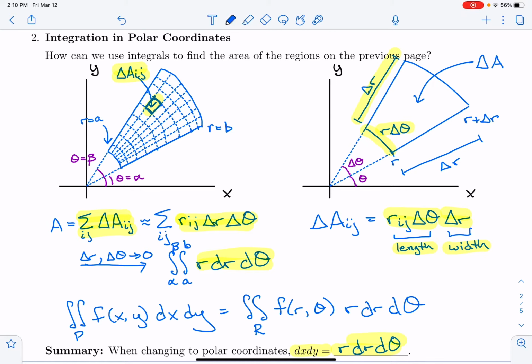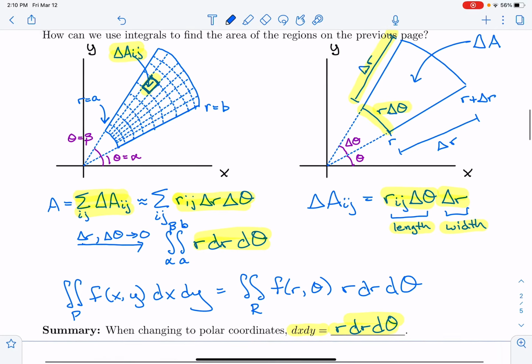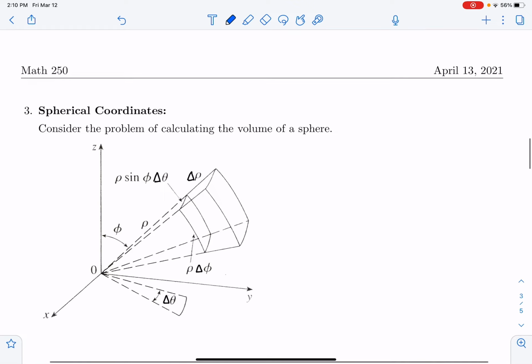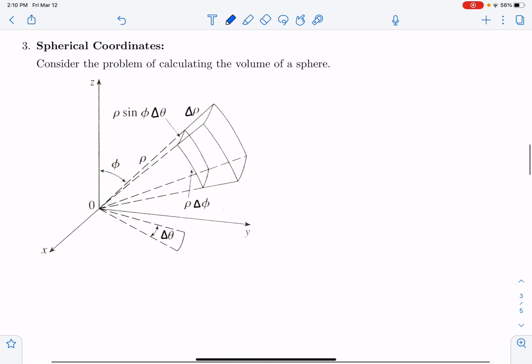Now I'd like to do something very similar, but with spherical coordinates. So what we're going to do is break up a spherical region into chunks that are approximately rectangular prisms. And we're going to sum up over all of those approximate rectangular prisms and maybe calculate the volume of, say, an entire sphere.